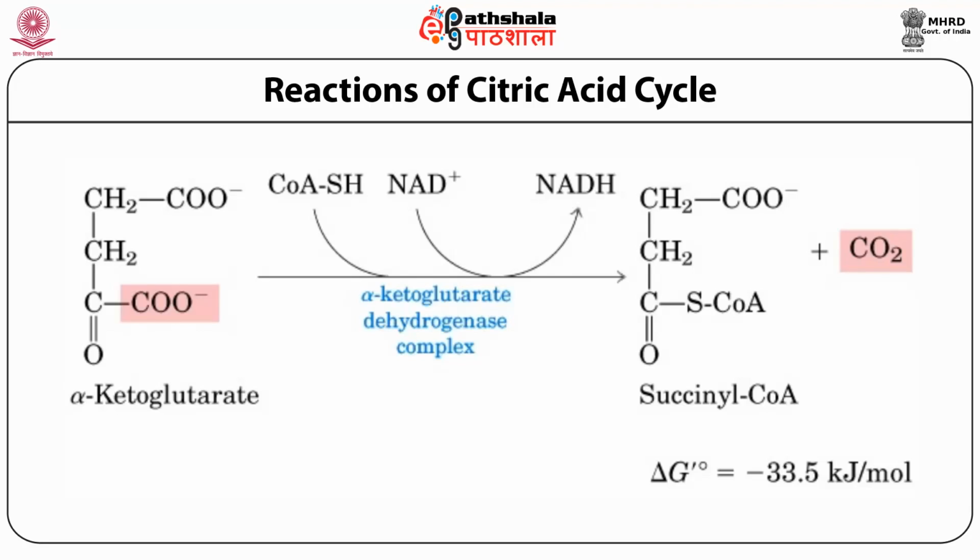Electrons are transferred to NADH, and the remaining part of the molecule is connected to coenzyme A. Alpha ketoglutarate dehydrogenase is a complex of different enzymatic activities similar to the pyruvate dehydrogenase complex. It has the same mechanism of reaction with enzyme 1, enzyme 2 and enzyme 3 units. NAD plus is the electron acceptor in this case.